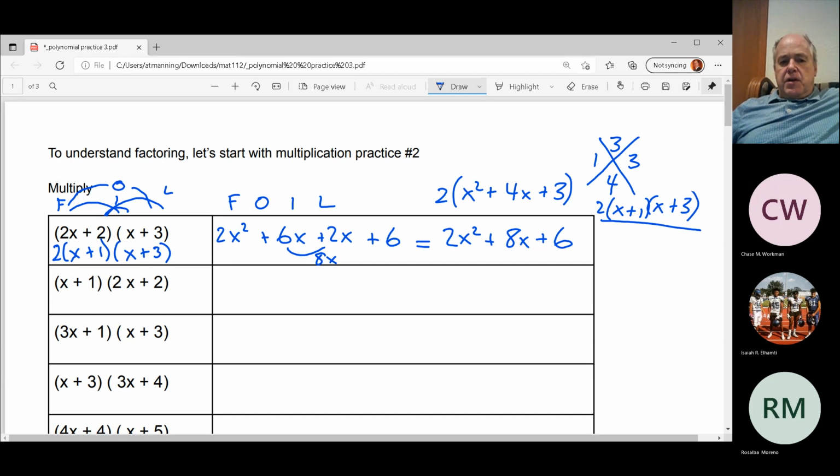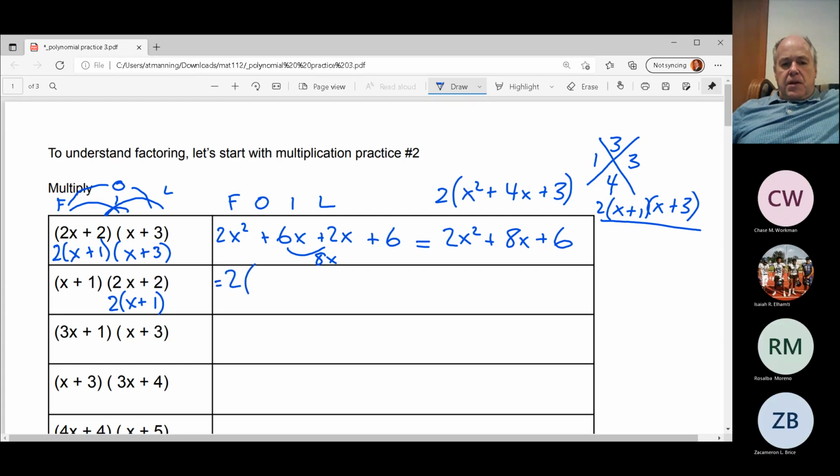Let's just recognize right here, this is the same as 2 times x plus 1. So now I know this multiplying out is going to be equal to 2 times x plus 1 times another x plus 1. Since these things are multiplied, I can bring this 2 out to the front.